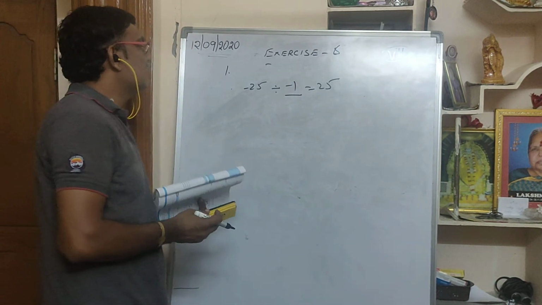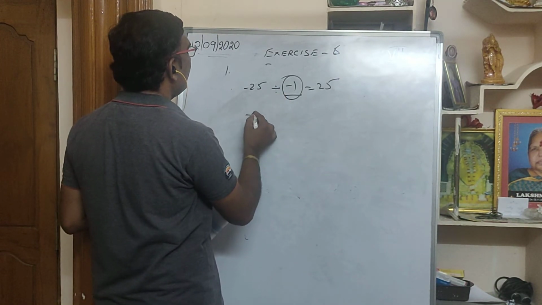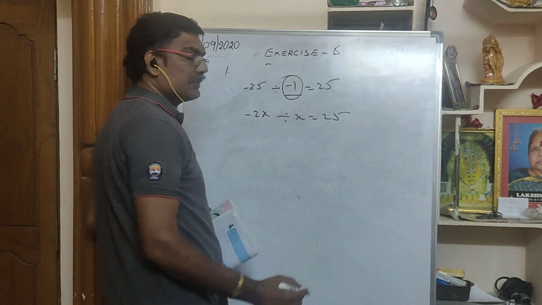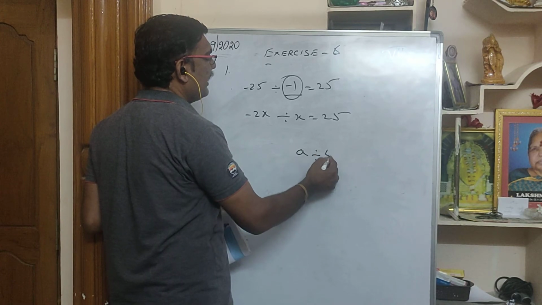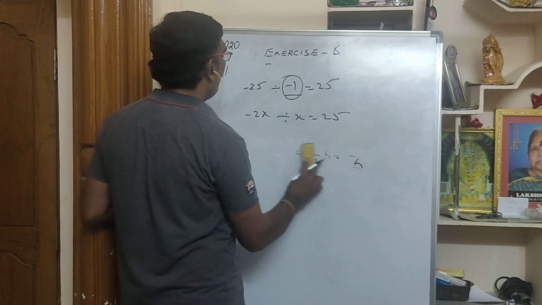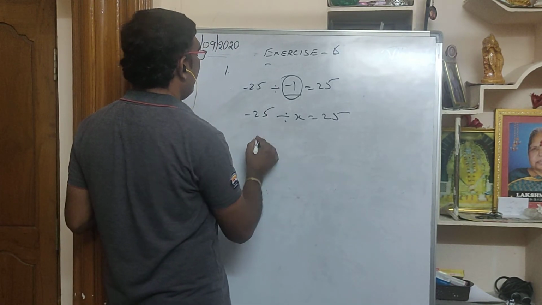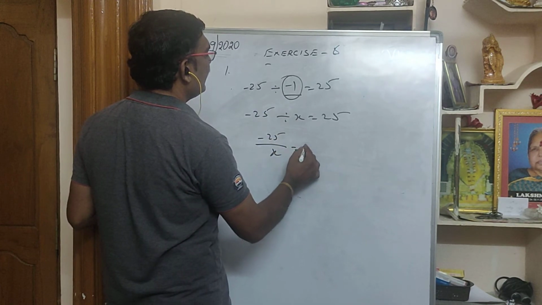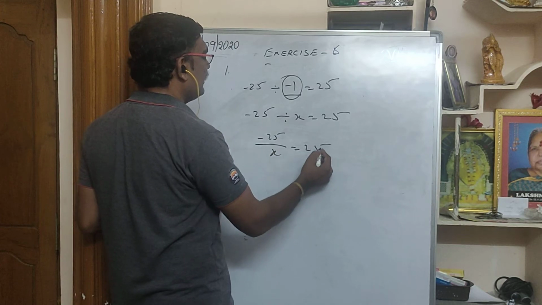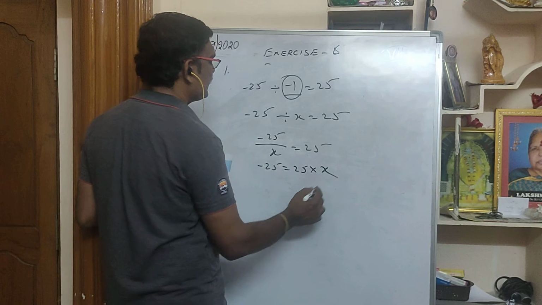The other procedure is, let this blank be x. Assume it as x. So a divided by b, you can write as a by b. Similarly, I write minus 25 by x, and it is 25. Now x is dividing here. If I take it to this side, it will multiply. Minus 25 is equal to 25 into x.